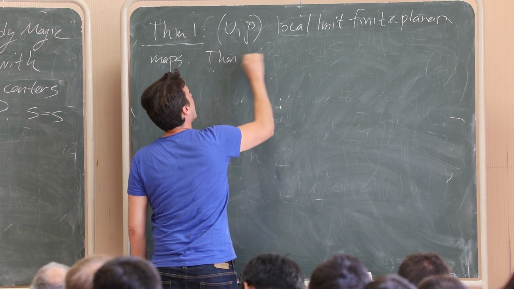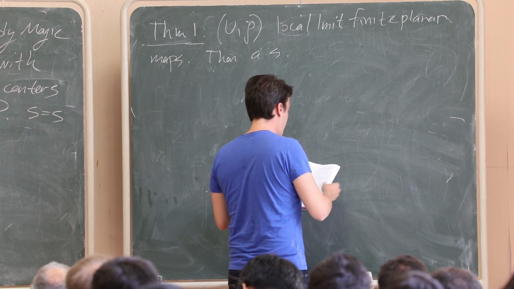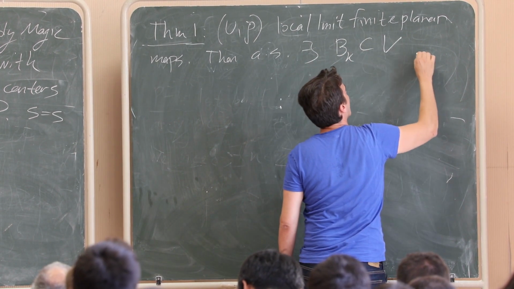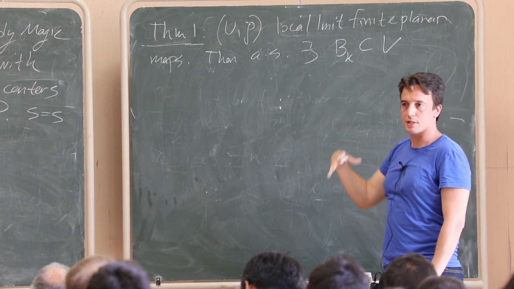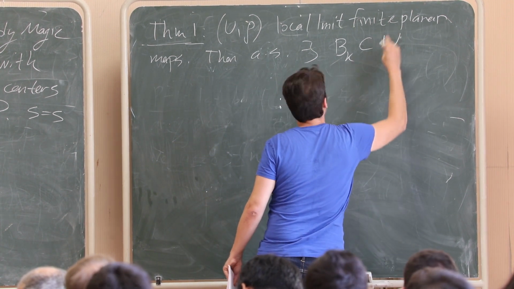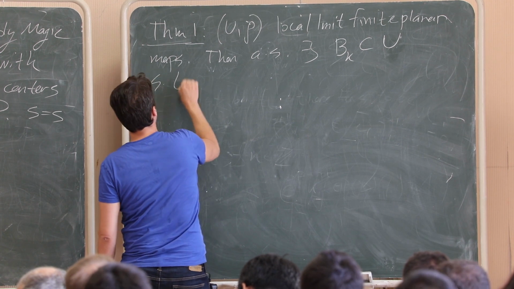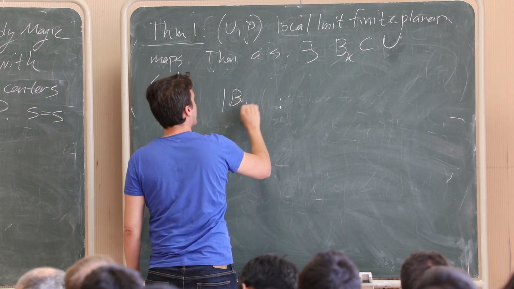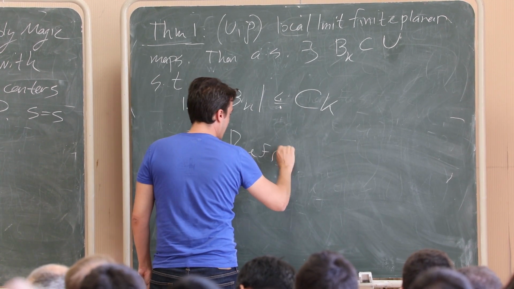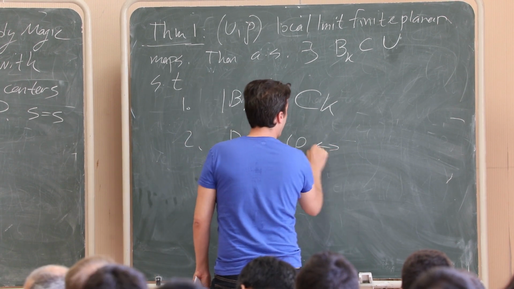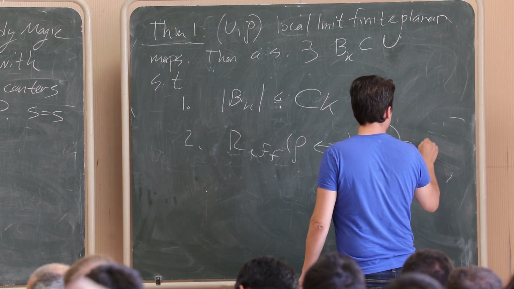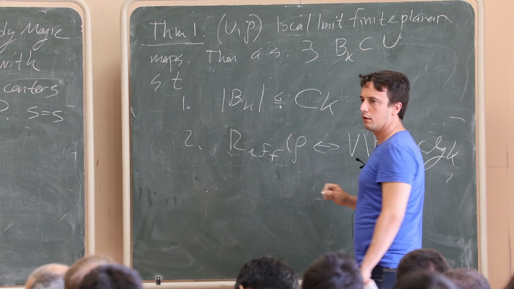Then almost surely there exists a sequence of sets B_K, subsets of the vertices V of U, such that 1, B_K is of linear size, and 2, the resistance between rho and the outside of B_K is at least linear in K.